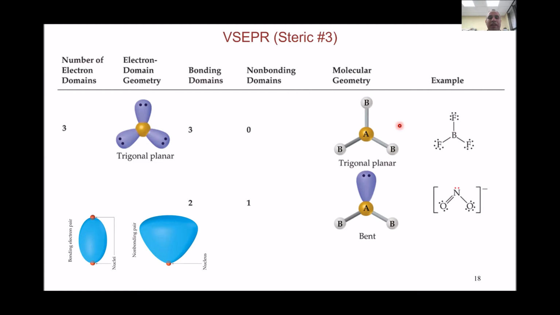But in another case, you may have a molecule that uses only 2 domains for bonding and 1 domain for a lone pair. In this case, the electronic geometry is still trigonal planar, but the actual shape is going to be determined only by the atoms. Lone pairs are not going to contribute to the shape.